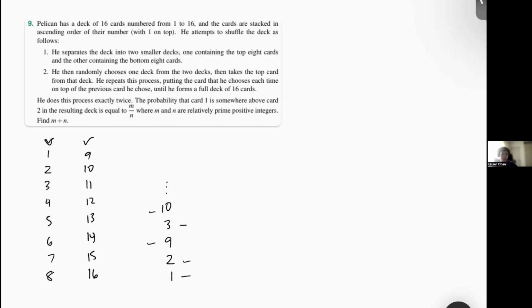With this logic, if we do this process again, then the number 1 would appear above number 2, but under some conditions. Basically, we need 1 and 2 to be in the same half or in different halves, but with 1 chosen before 2. Okay, so that will be our two cases.